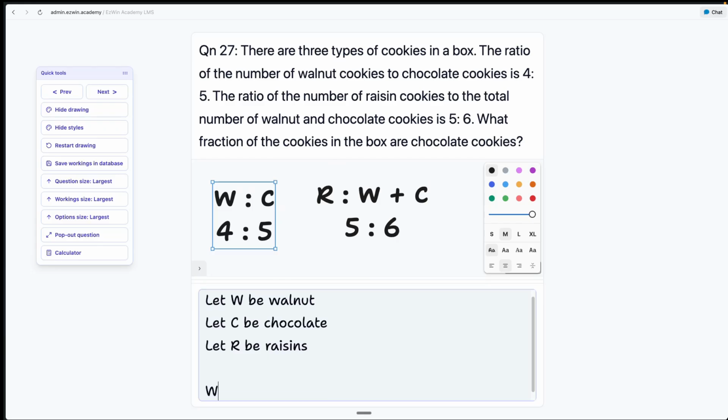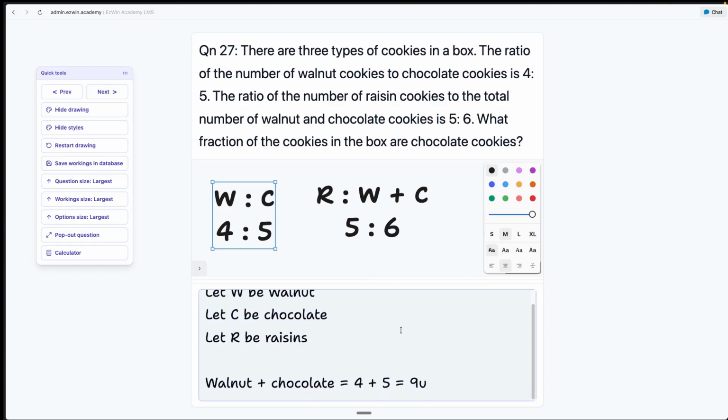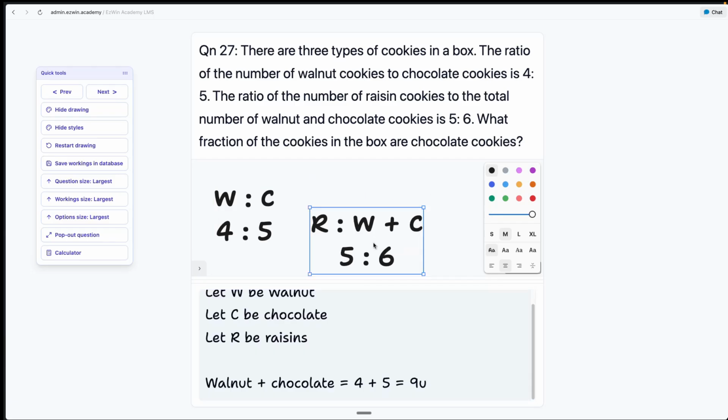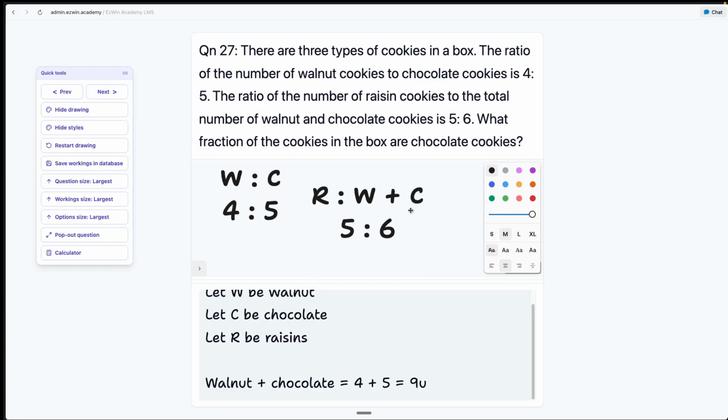So for walnut plus chocolate is equal to 4 plus 5, which is 9 units. So we know that the total is 9 units. So with that, we can actually solve this.